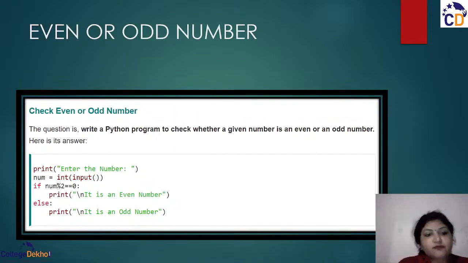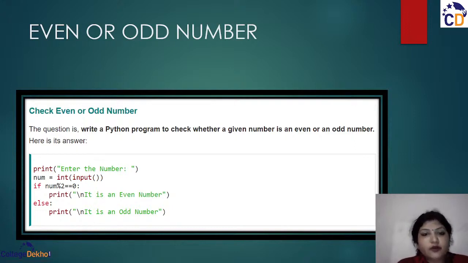Then we have another program which talks about whether a number is even or odd. Many of you have heard that this program can be written in different ways. Most people use different ways for writing this, but the logic behind it remains the same, right? Let's start with that.